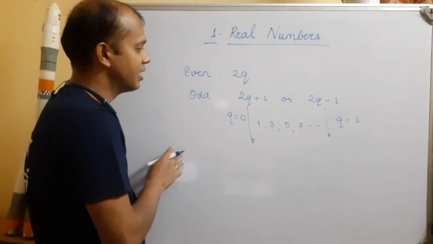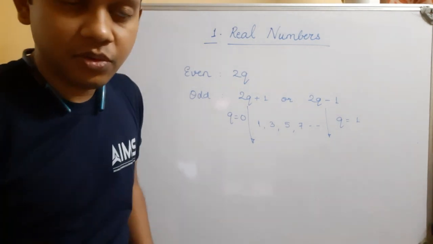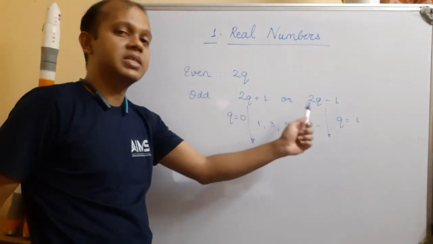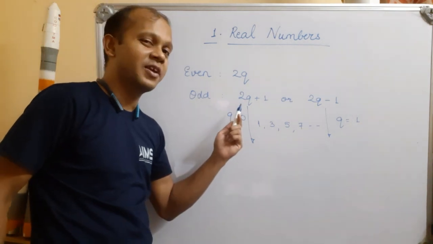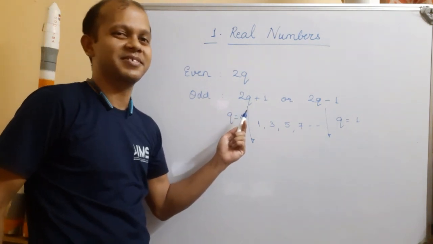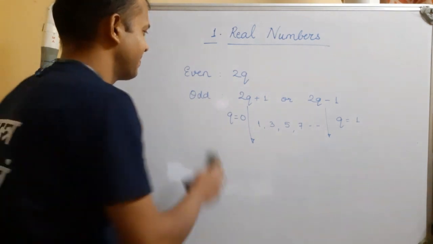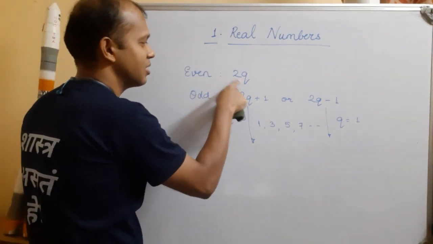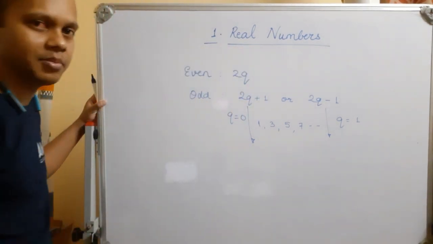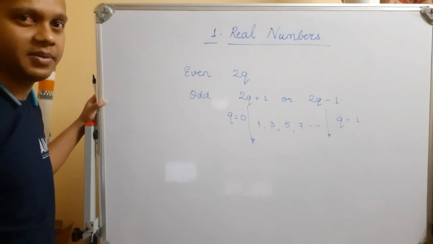Fairly simple. Now, how do we know that we have to use this? If you observe carefully, this is nothing but the division lemma. How? Let's take any even number, let's say 40.